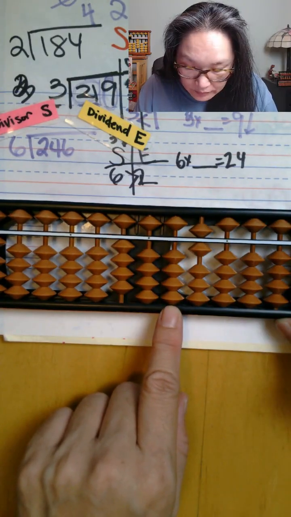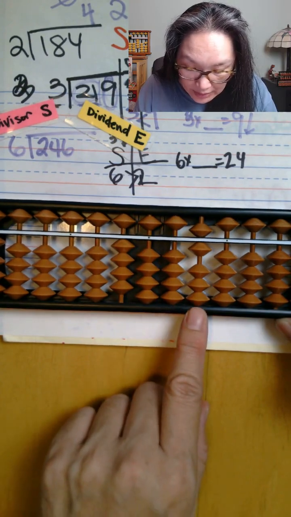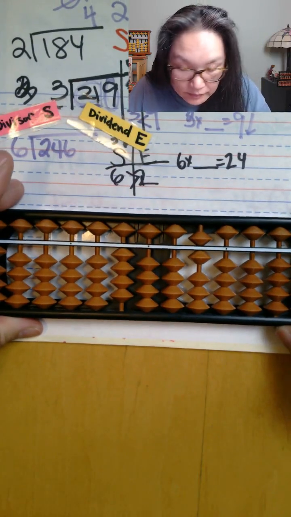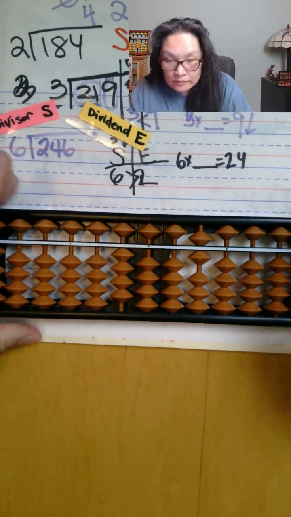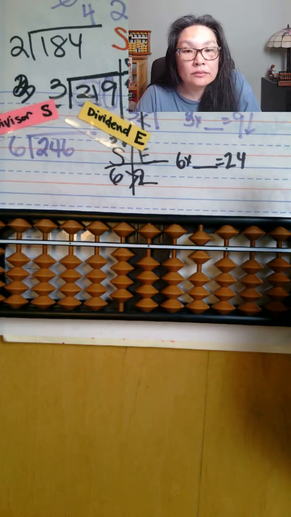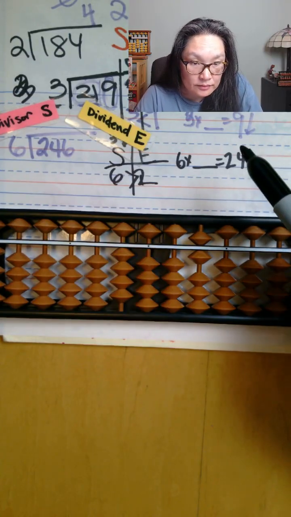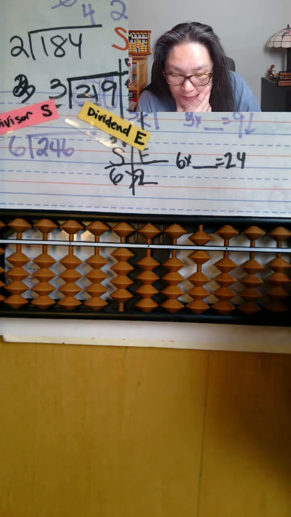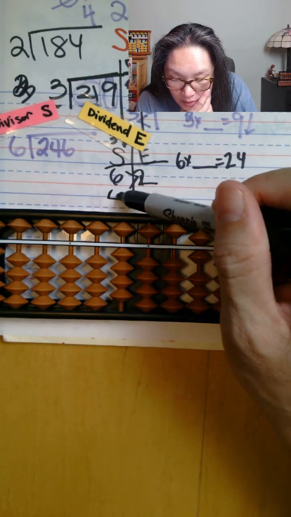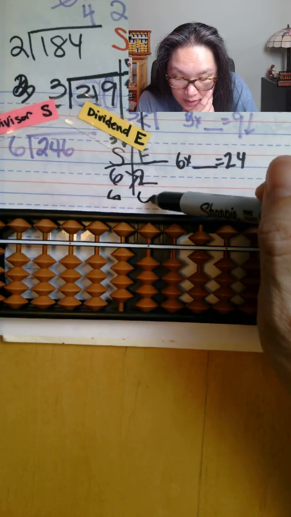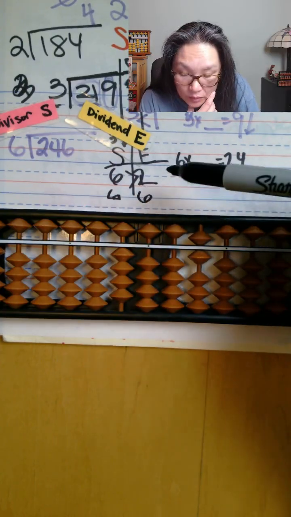Right. I still have a dividend. Now what do I do? I compare. Yes. 6 and 6, they're kind of equal.